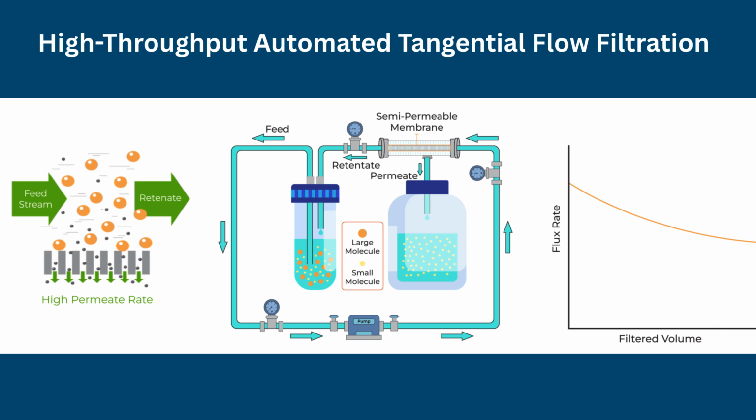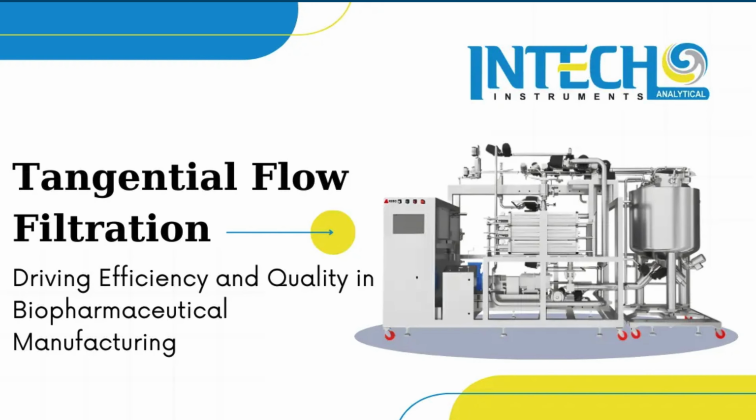Improper combinations of pump flow rates, tubing dimensions, or membrane configurations can generate cavitation, excessive fluid velocities, or pressure fluctuations that damage sensitive biomolecules and cellular products. Automated TFF systems provide accurate monitoring and control of these parameters, reducing operational errors and enhancing product consistency during process development and scale-up.